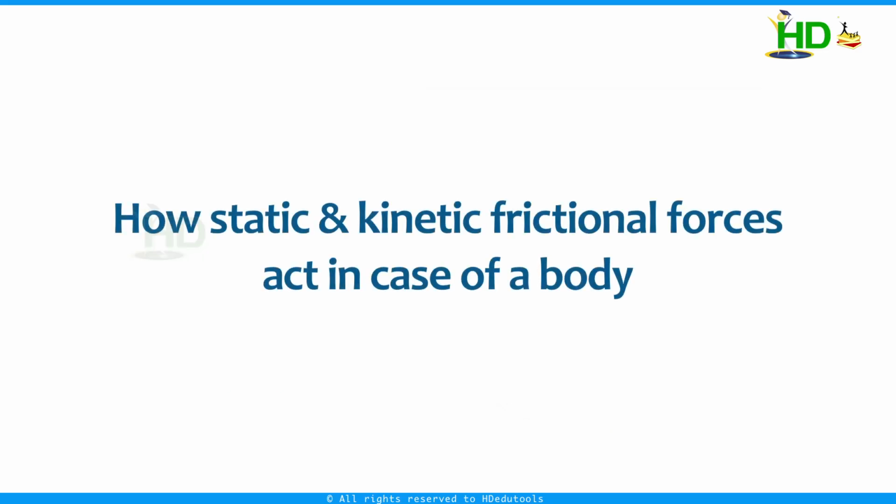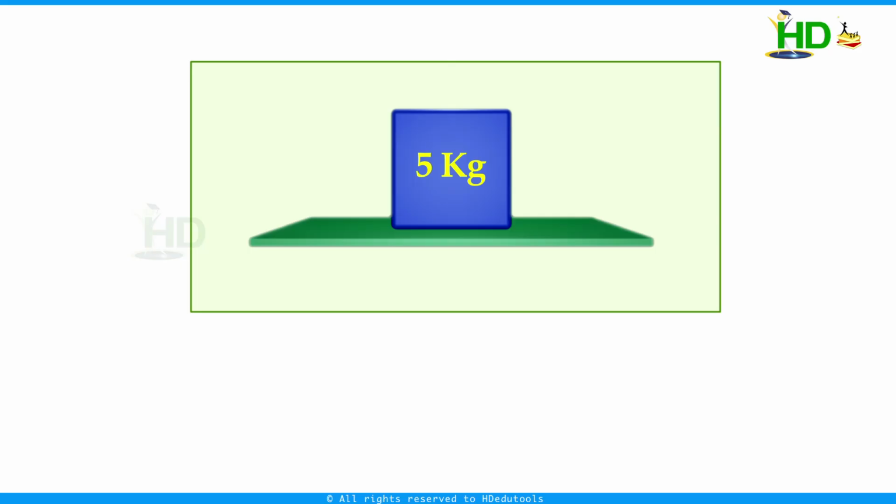Now we are going to discuss an example. In this example, you can understand how the static and kinetic frictional forces will act in case of a body. An object of mass 5 kg is placed on a rough horizontal surface. Between the surfaces, the coefficient of static friction is 0.5 and the coefficient of kinetic friction is 0.4.